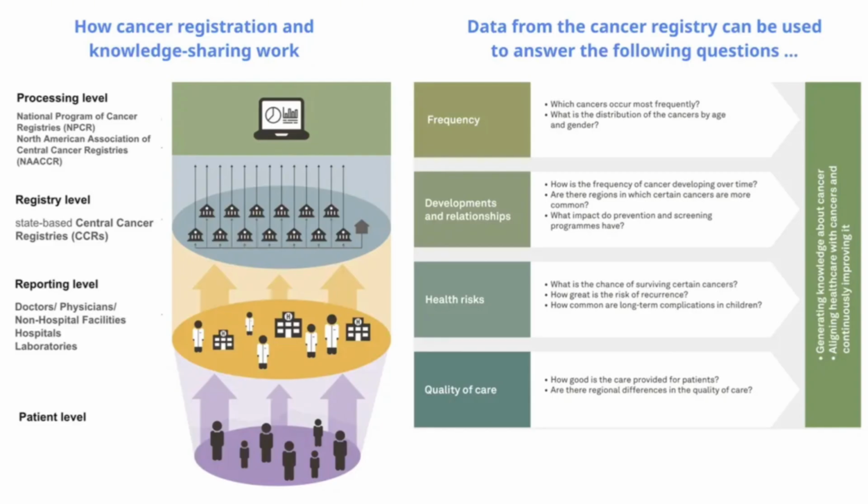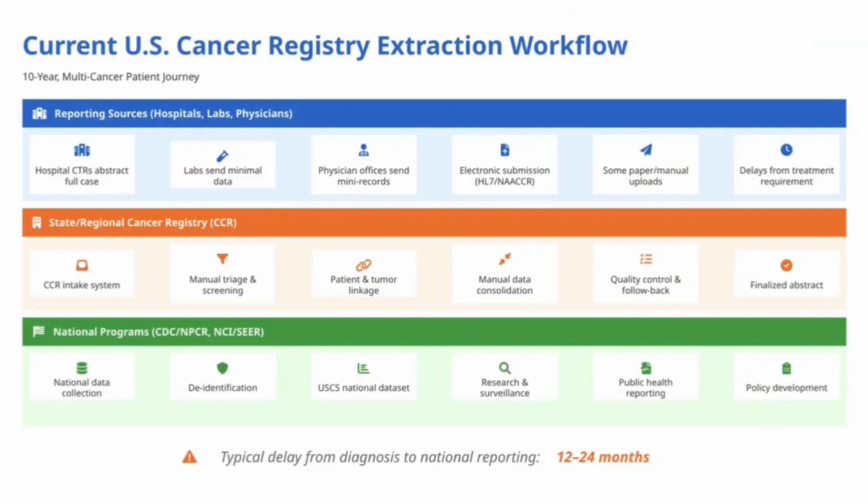On this page, you'll see how the current US cancer registry extraction workflow works. It's not simple, but it's a highly detailed extraction workflow, which is almost the same in every other country, of course, depending on some local regulations. Most of the time, these are the requirements that we need to ensure while running this extraction workflow.